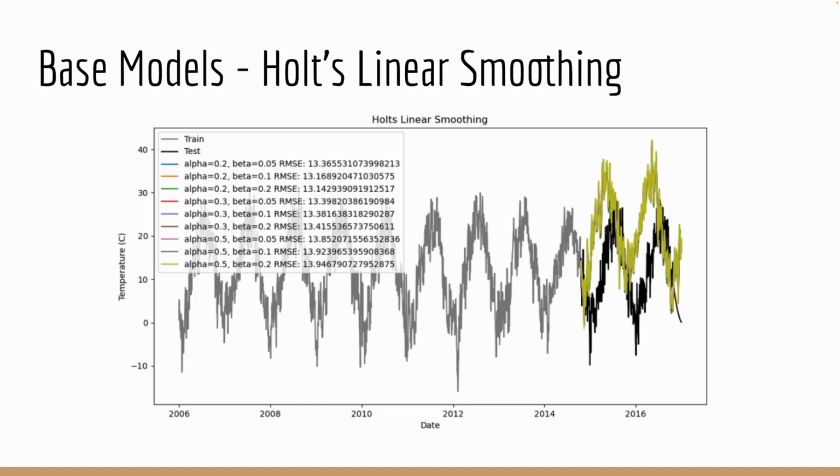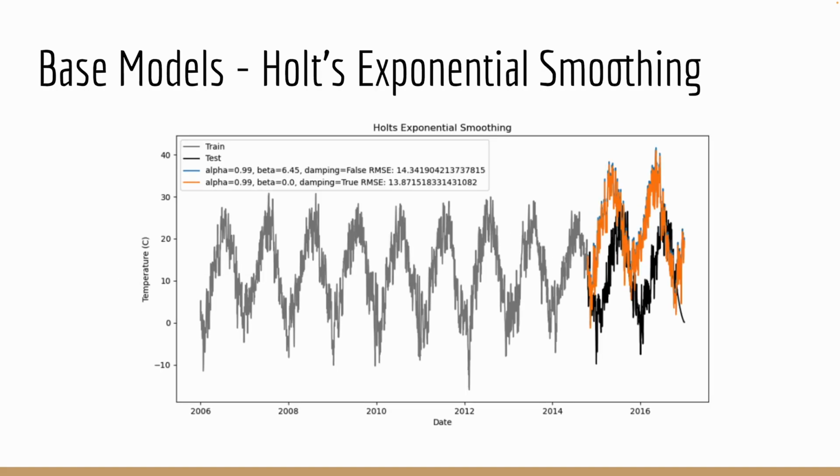For this one, it seems like the one with the highest alpha value and beta value predicted closely to the test set. But similar to the simple exponential smoothing, it seemed to be overvaluing what the train data has fed it. So as of now, this is not the best model either.